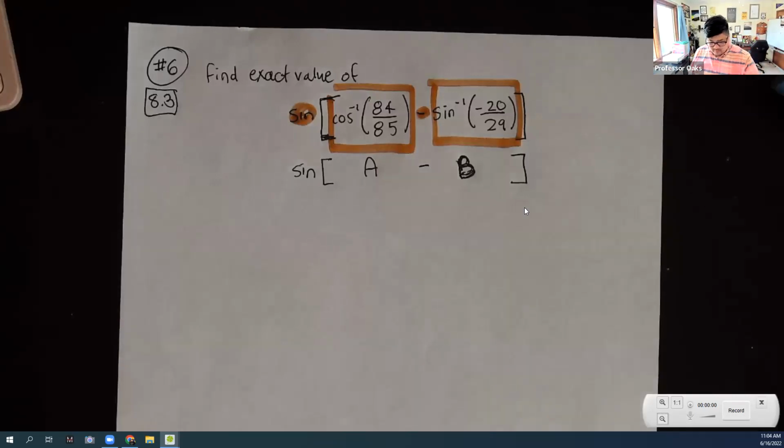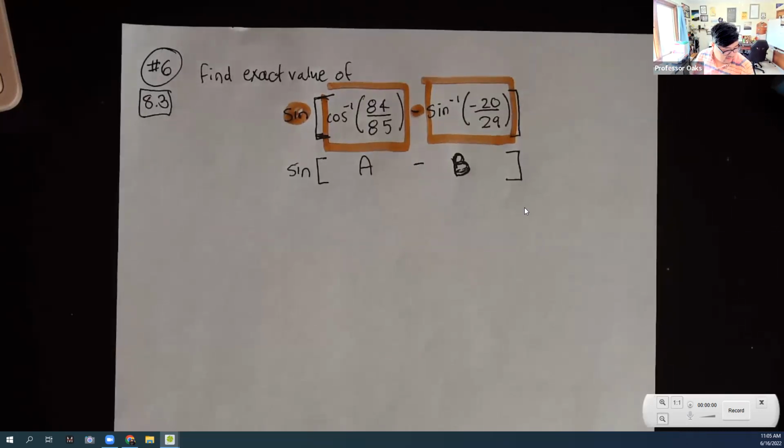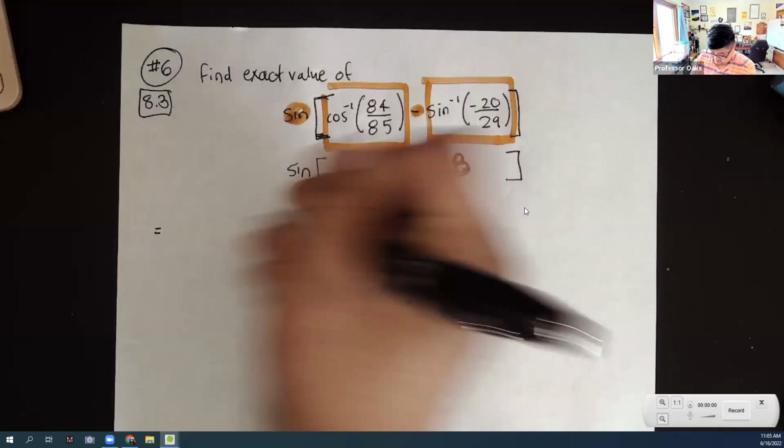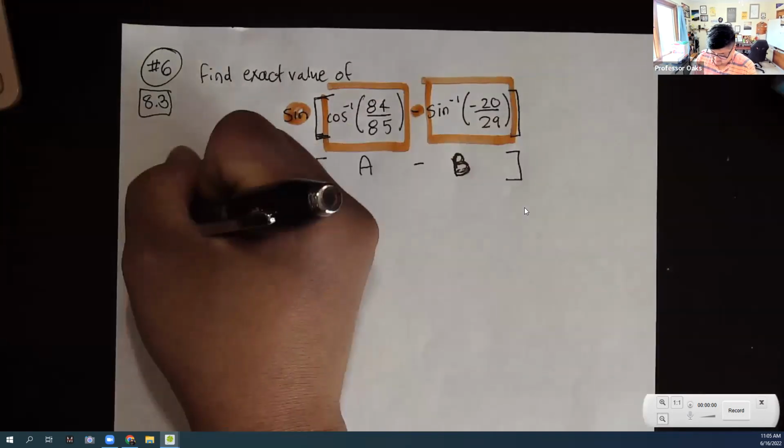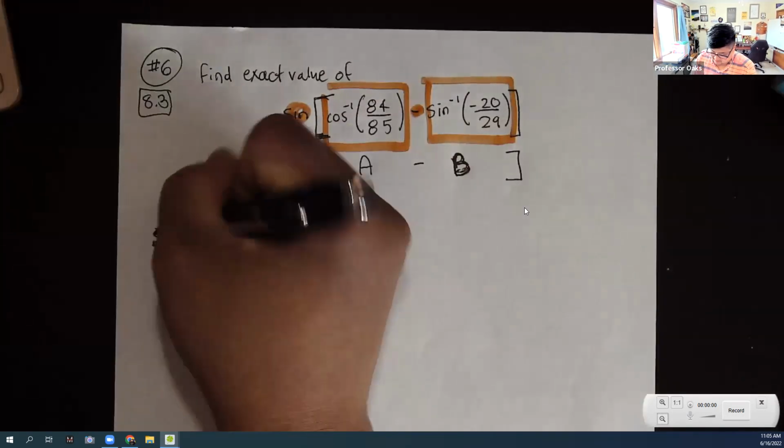So then what you're going to do is the same thing as before. Just remember that this is sine of a minus b.